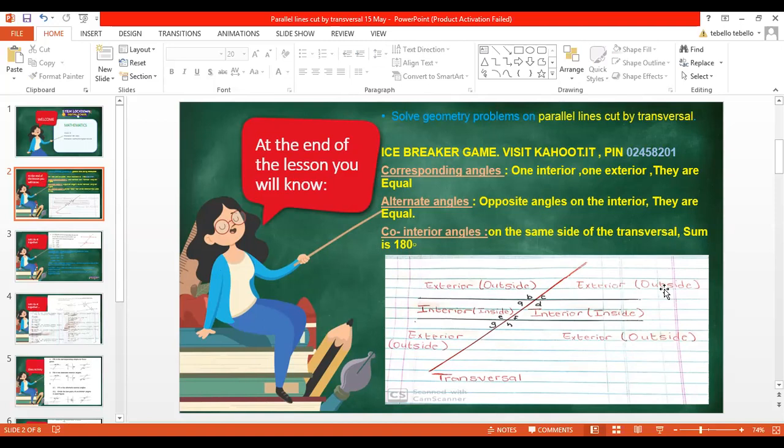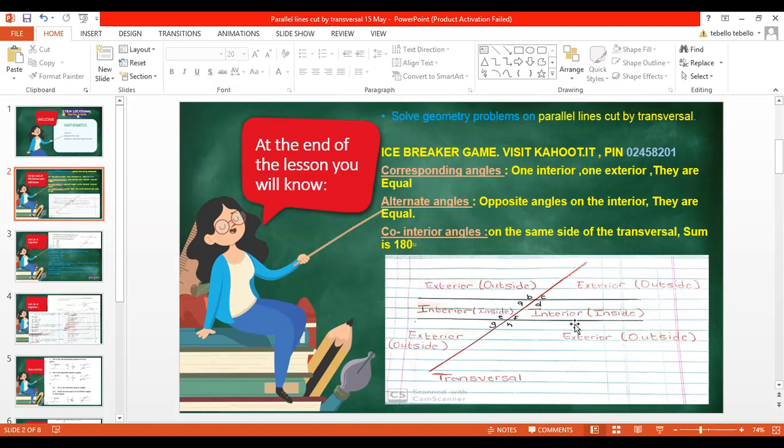And your interior should be your pages on the inside, your writing, your pasting, and all that. So we have exterior, which is the outside, interior, and another exterior here.